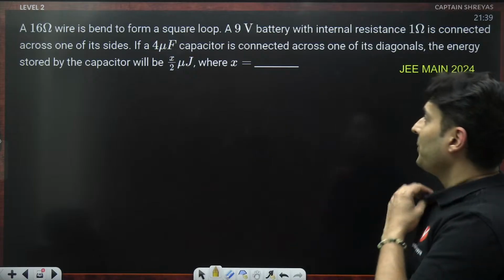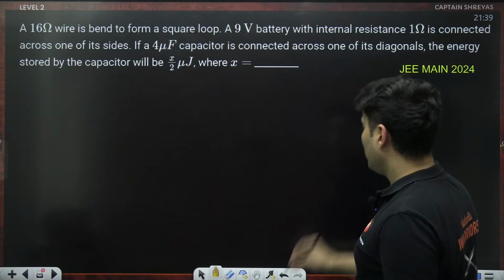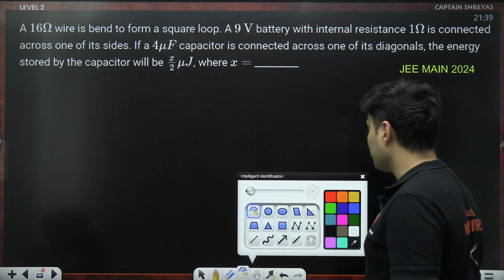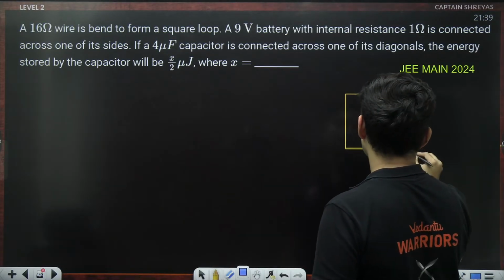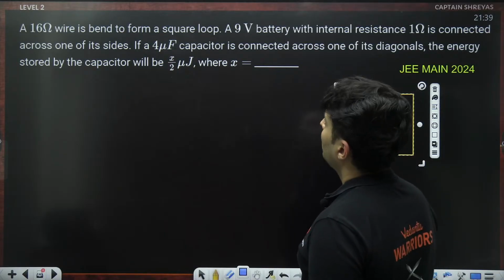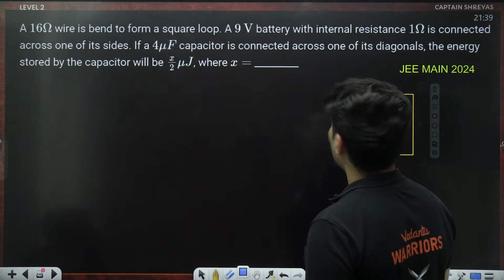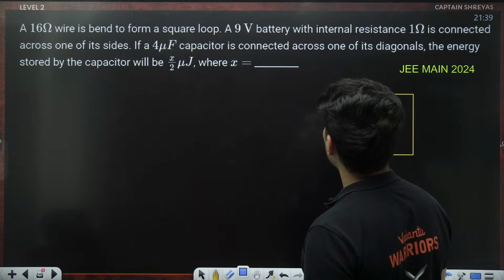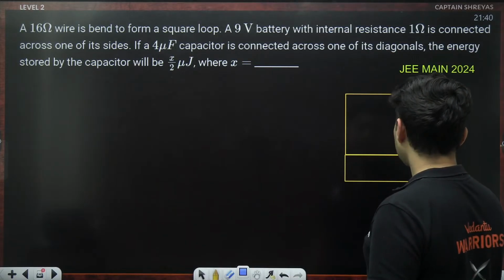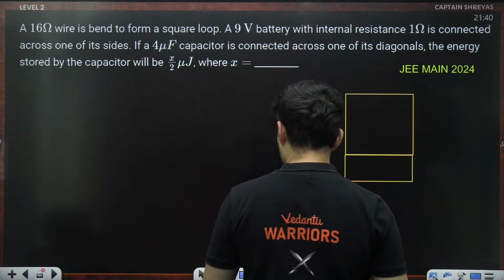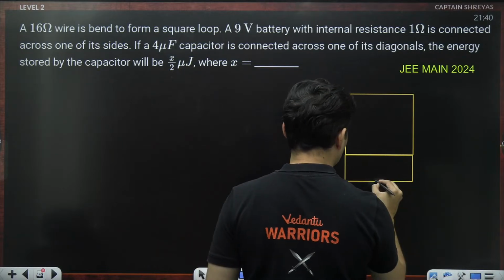That's it. Okay. So if you take a square loop like this, and across the diagonals, and 1 ohm across its sides, a 9 volt battery with some internal resistance. Like this, I believe.